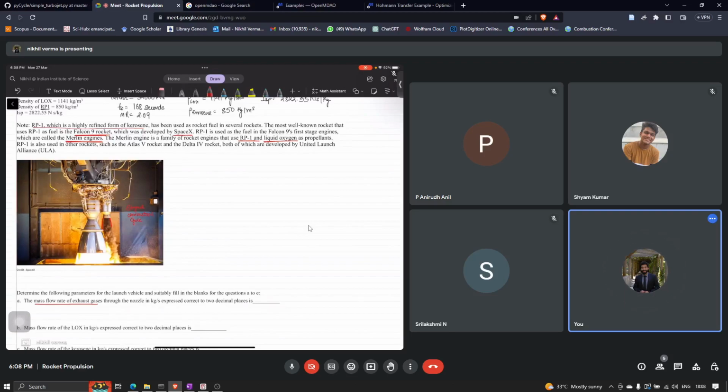Part of the fuel and the oxidizer is used to run the turbine, which in turn drives the pump, which pressurizes your fuel and the oxidizer into the combustion chamber. This part is the combustion chamber, this is your nozzle, and this is the throat.